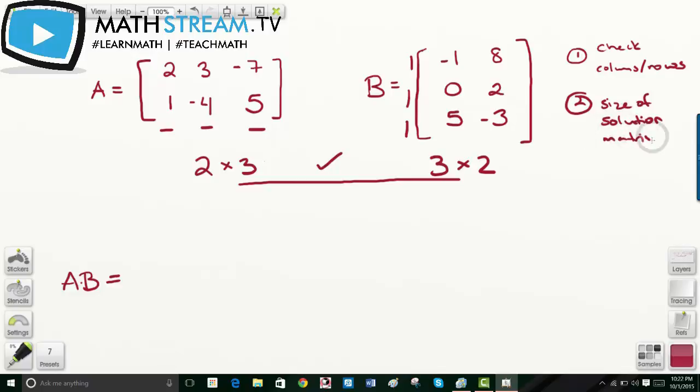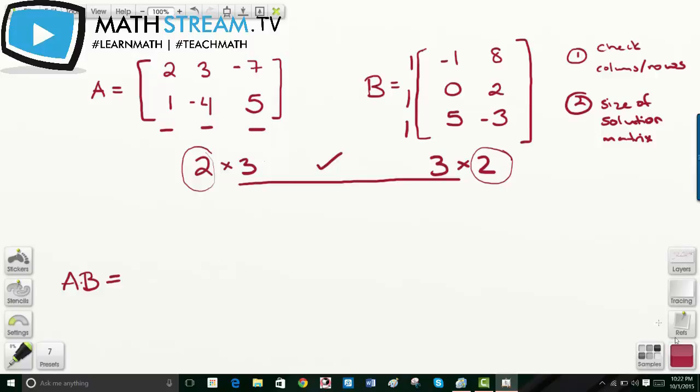I decide on the size using the other two numbers, the number of rows in the first matrix and the number of columns in the second. So the inside numbers tell us if these two matrices can be multiplied. The outside numbers tell us what the size of the answer is going to be, which is that the answer here is going to be a 2 by 2 matrix.